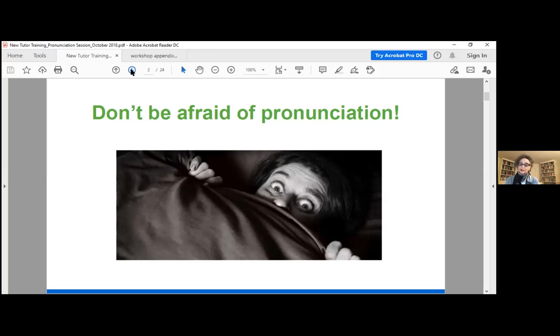And we're not talking about devoting an hour to pronunciation training. 10 minutes at the beginning of your session is a good time to do it. It goes a really long way, and you'll find the pronunciation work also helps a lot with reading and spelling as well as speaking.